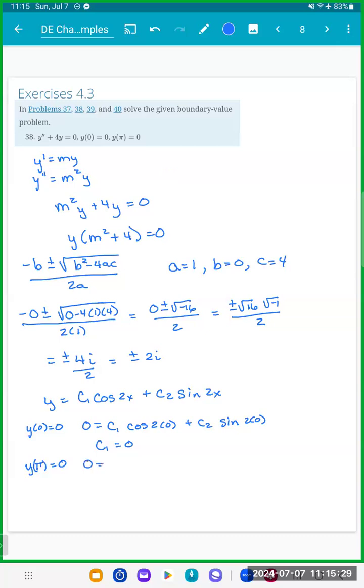So we have 0 equals c1 cosine of 2 times pi plus c2 sine of 2 times pi. You can see that's the same because 0 and 2 pi are essentially the same spot, just one more time around the circle. So c1 equals 0. Therefore, we would say that y equals c2 sine of 2x.